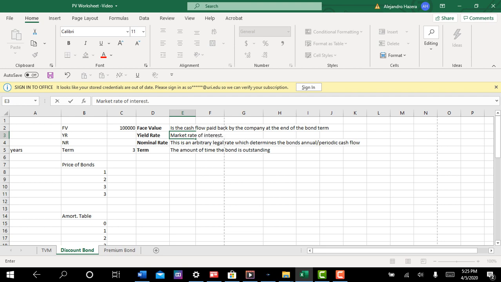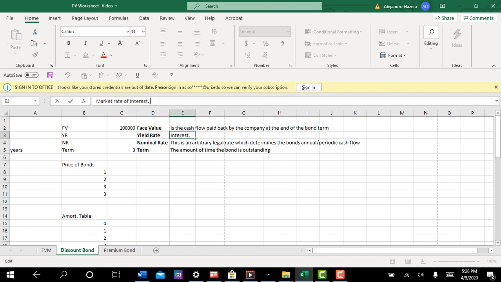And here's the difference between the nominal rate and the yield rate. The nominal rate determines how much cash you're going to have to pay, generally in the form of interest each year. The yield rate determines the value of the cash.